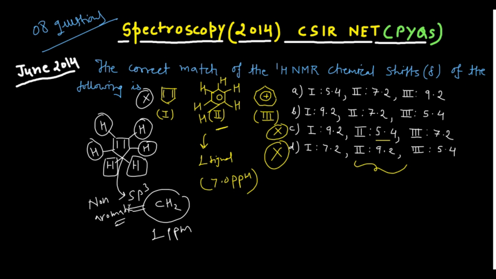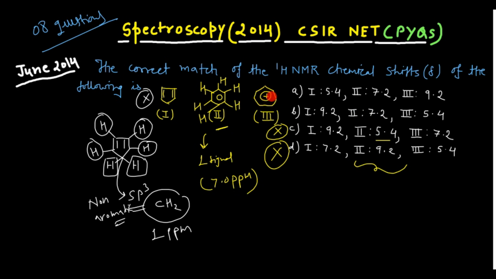So now what is left is option A and option B. In option A, the benzene proton is 7.2, and in option B, the benzene proton is also 7.2. So either A or B, out of these 2, anyone could be correct. Now we can decide the chemical shift of the third. This is your tropylium cation.